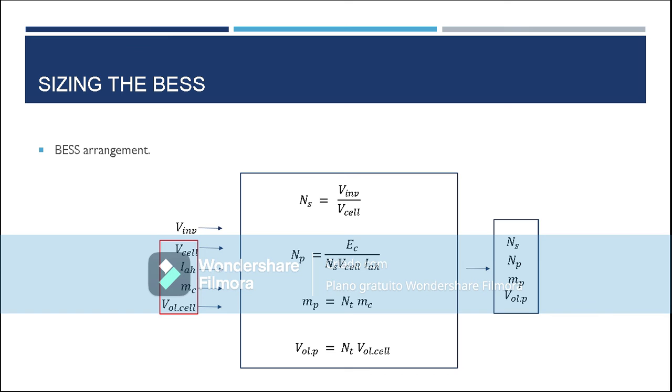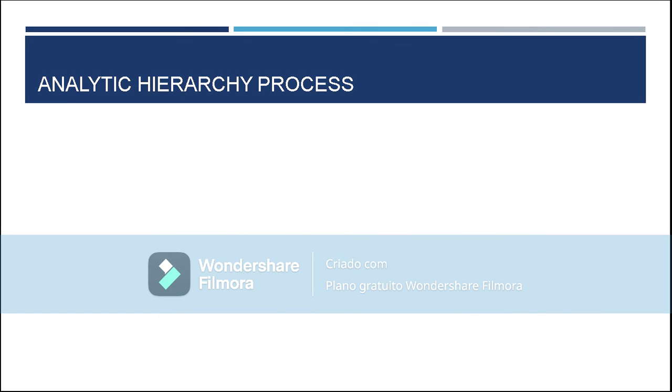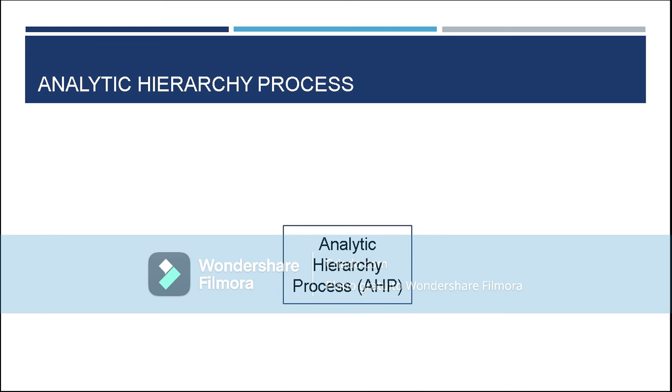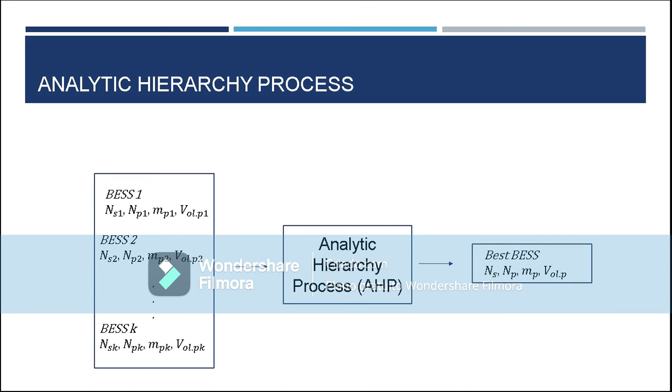So to find the best cell, I have here a multi-criteria problem, and to solve it, I will use the analytic hierarchy process, or AHP. The AHP will have as input all the BESS I found, so I can have a lot of BESS solutions for my problem. And the analytic hierarchy process gives me the best solution for my specific problem. So I apply as input of the AHP all the BESS I found, and it's gonna tell me which one is the best BESS.